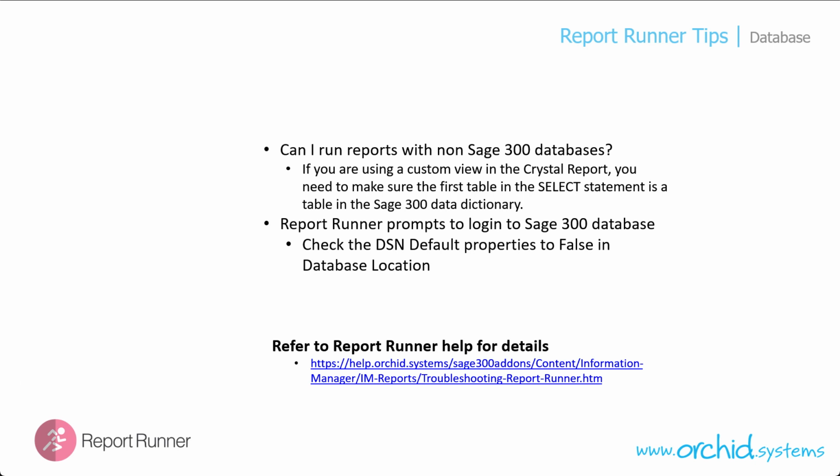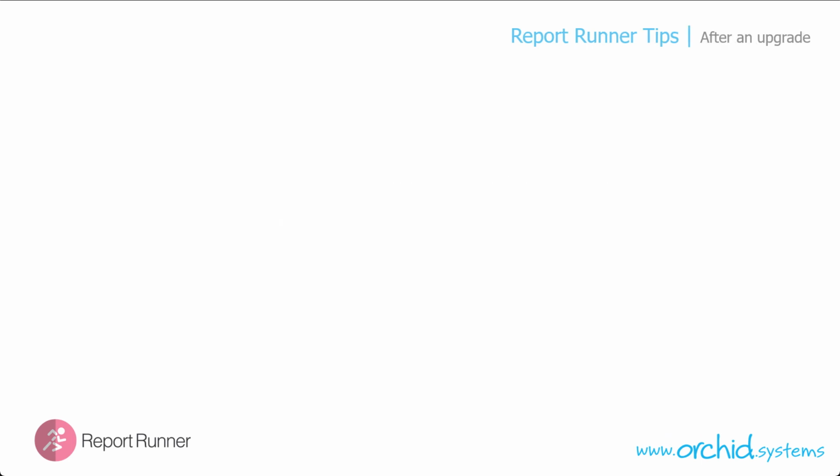One way to test that the report can run successfully in Report Runner is to add the report to the Sage desktop and make sure that Sage actually updates the path to the database. Again, we will not show you how to do that. There are detailed steps in the knowledge base on these common support questions.